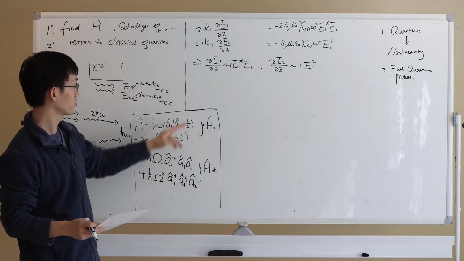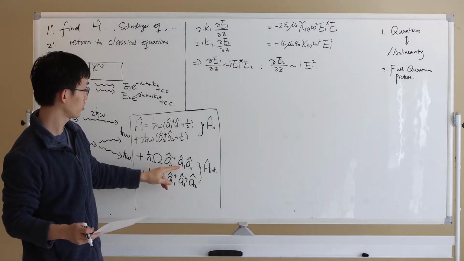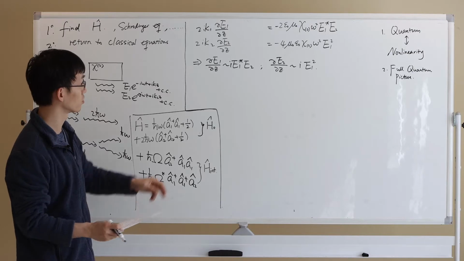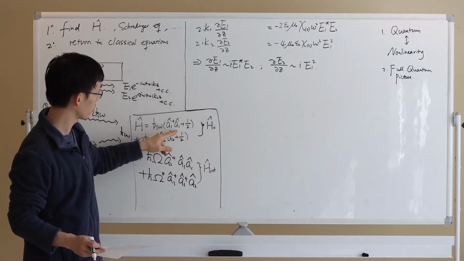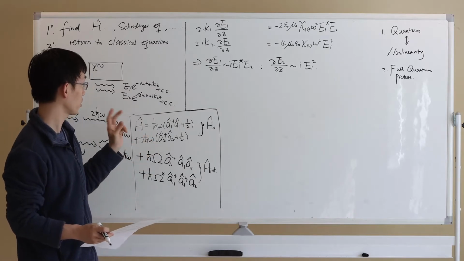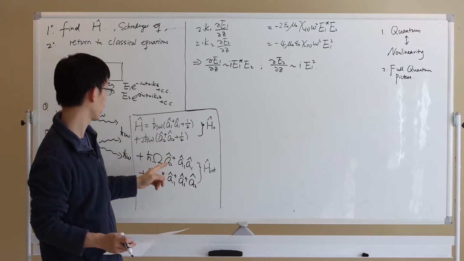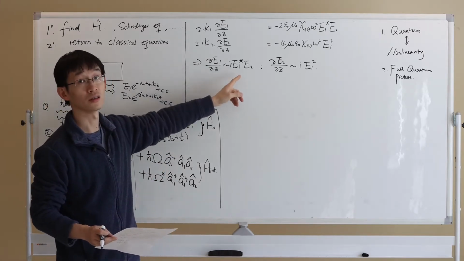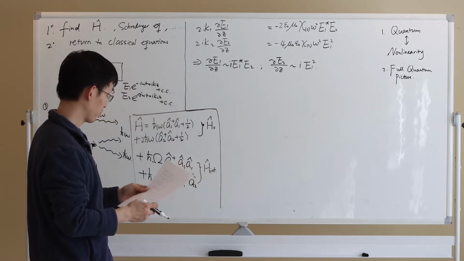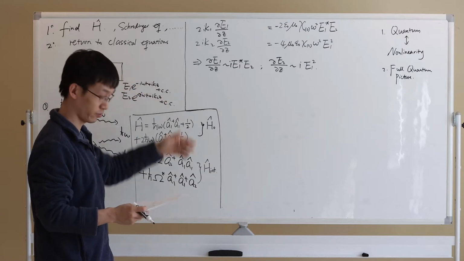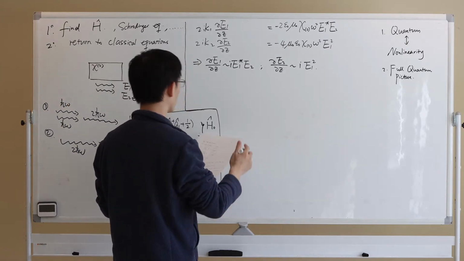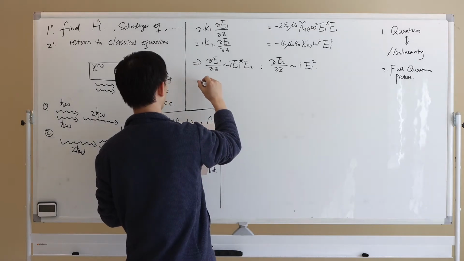So there's a connection between A and E, because previously we solved for A and A dagger in terms of E, so you can build a connection between the Hamiltonian here and the electrical wave here. If we assume this is a traveling wave, not in a cavity. You can do the cavity as well, but here we assume a traveling wave.